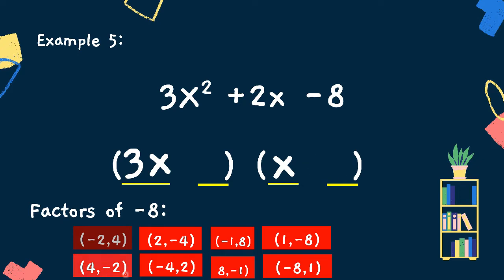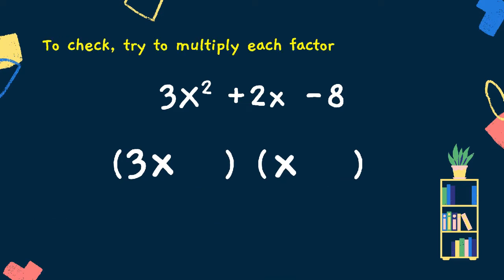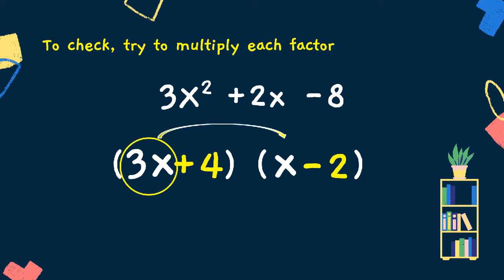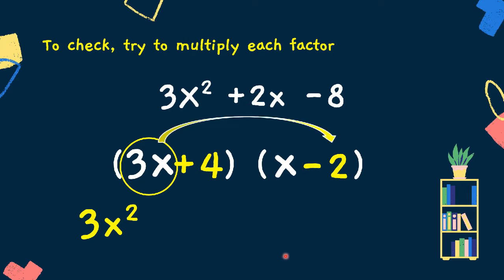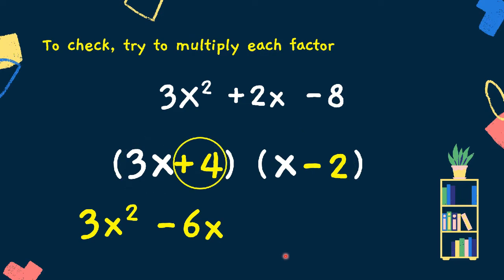So we will try to multiply and plug in positive 4 and negative 2, and let's check if these are the factors that we are looking for. So 3x times x is equal to 3x squared. 3x times negative 2 is negative 6x. Positive 4 times x is equal to positive 4x.